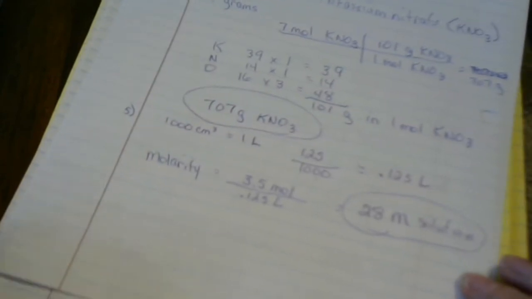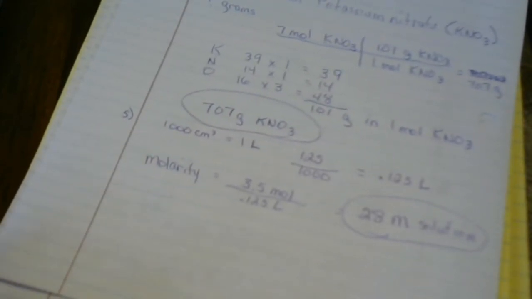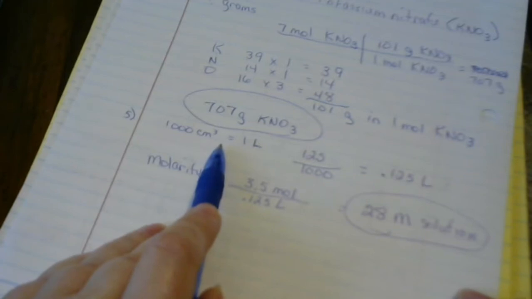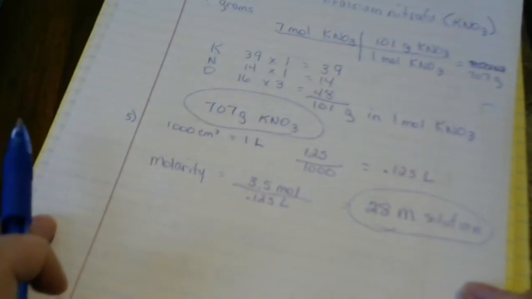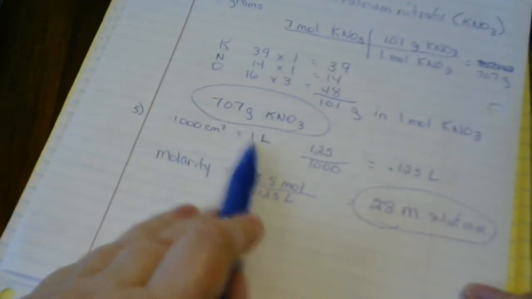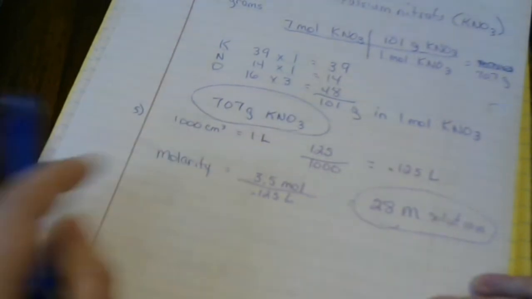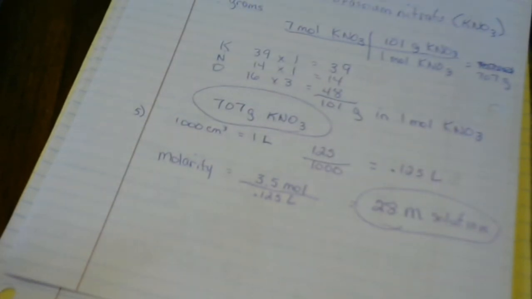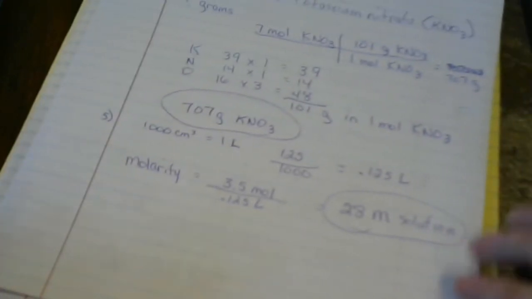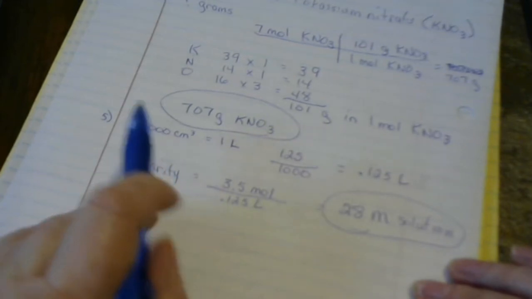Okay, so I looked it up. So you'll have to look things like this up, and I won't do this to you on a test. But I looked up that 1 liter is 1,000 cubic centimeters. Okay, and I Googled it because that's not something I expect y'all to know.